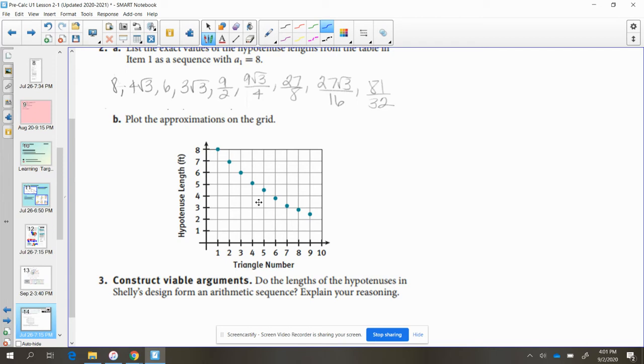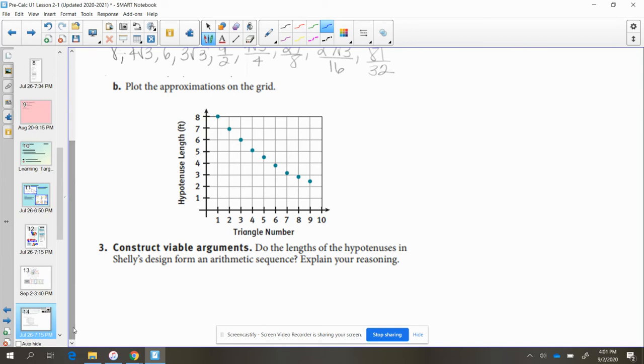And part 3 is asking us, are these lengths of the hypotenuses in Shelley's design forming an arithmetic sequence like we talked about in the first lessons? Why or why not? Well, the answer here is definitely no. And the reason being, these are not arithmetic for a variety of potential reasons.